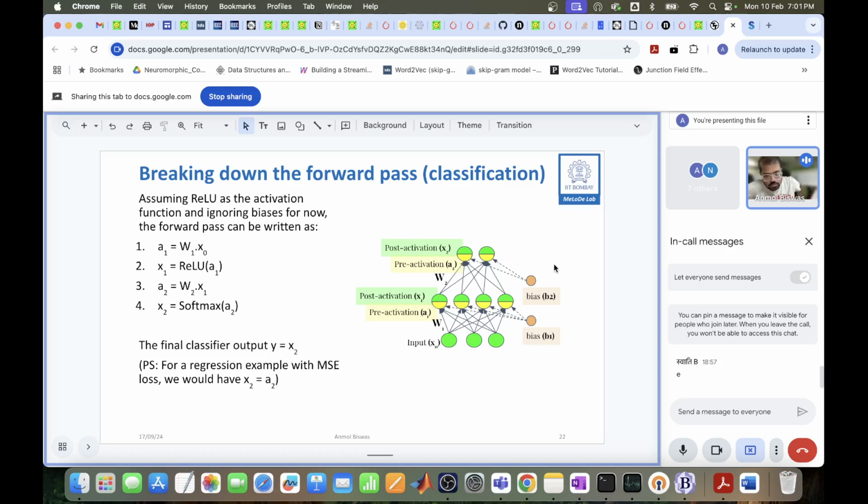So this is specifically, like I said, the simplest deep neural network that you can construct. You have one hidden layer, you have one set of outputs, two sets of weights, and you have two sets of biases, right? And to simplify it even further, we are even going to ignore the biases, right?